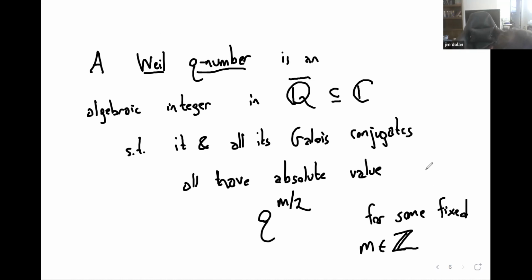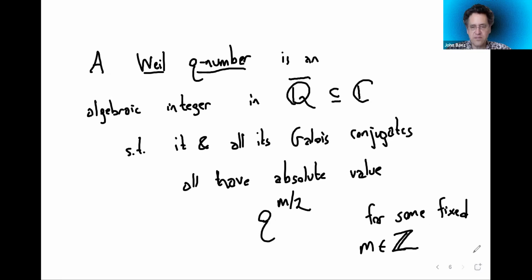That a Q number, if it and all its Galois conjugates have absolute value Q to the M over 2.